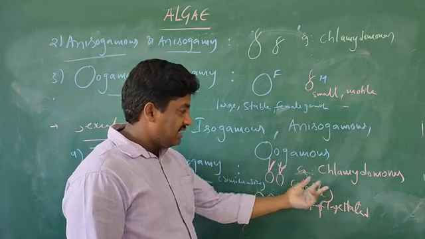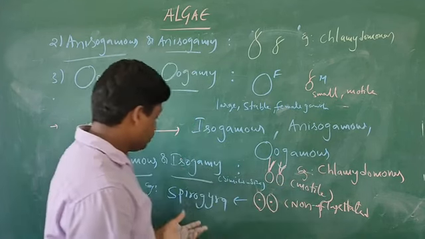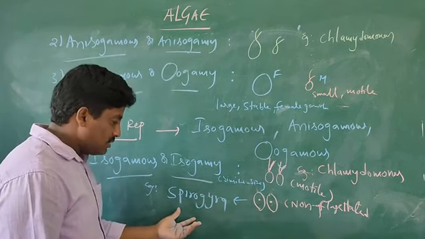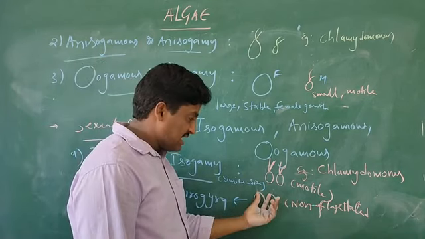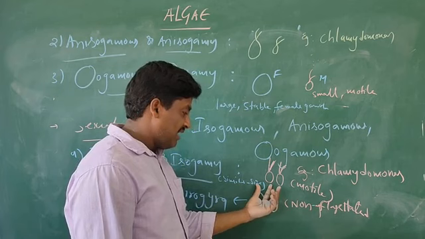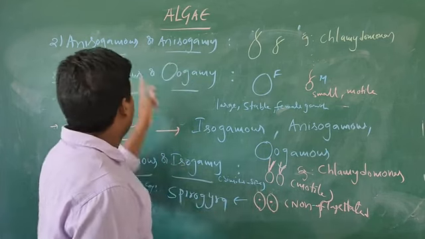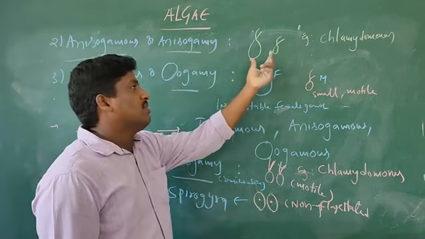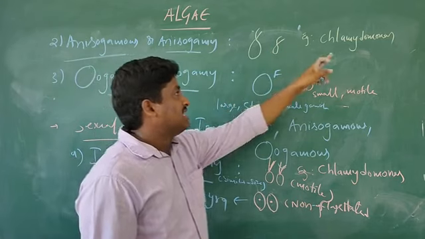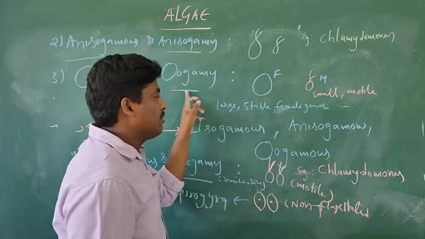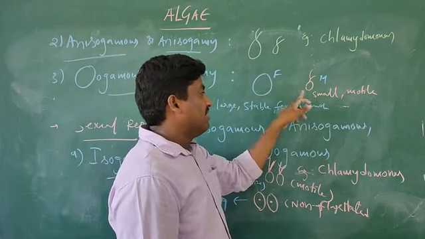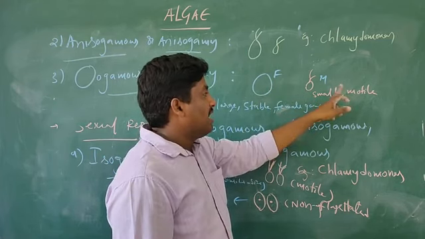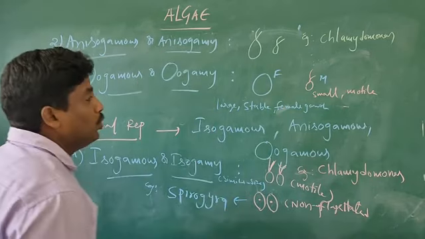With flagella, the example is Chlamydomonas, and one more type, Spirogyra: the two gametes are similar in size but non-flagellated, not motile. Anisogamy means the fusion between two gametes dissimilar in size, example Chlamydomonas. And oogamy means the fusion between a large stable female gamete and a small motile male gamete. That's what we call oogamy.